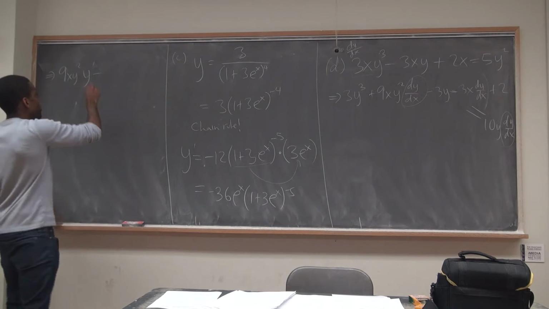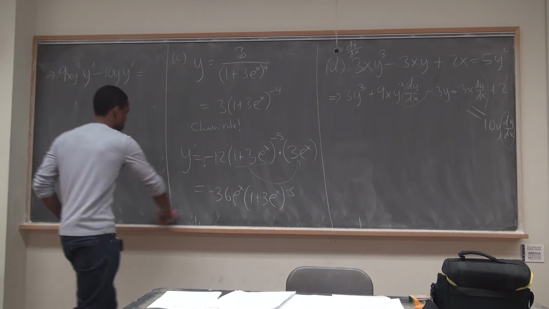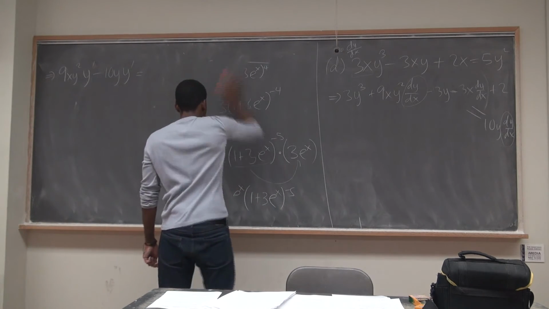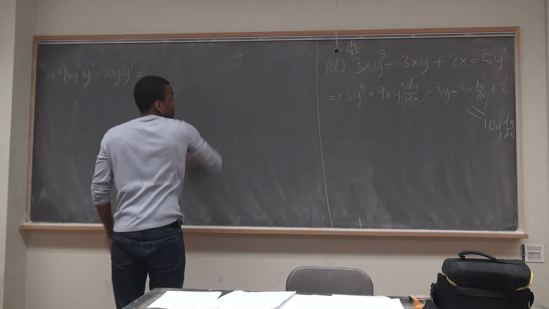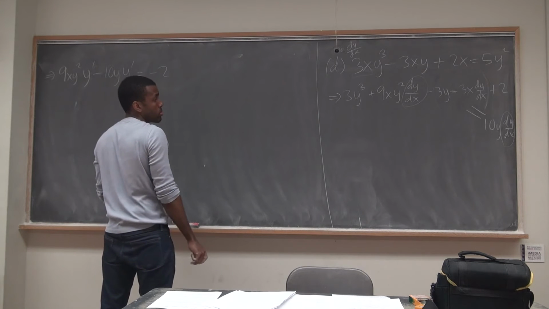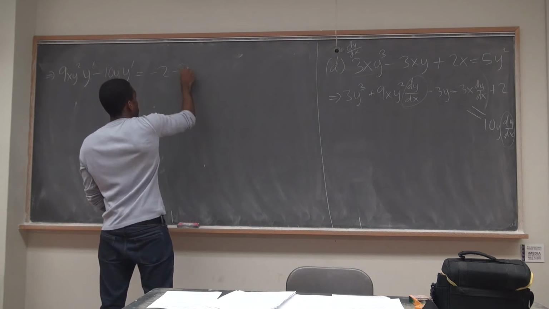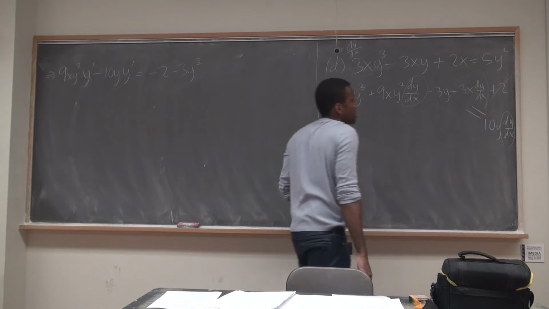Minus, bring that guy over, minus 10y y prime equals. Who's on the other side? Minus 2, minus 3y squared, minus 3y cubed. So I subtract this, I subtract that.